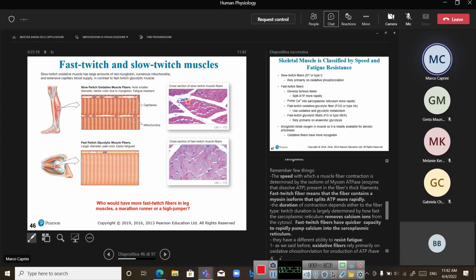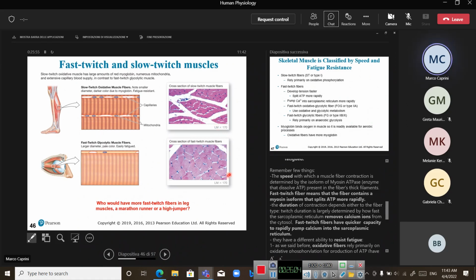Okay, this is really important because the myosin, again, is called myosin ATPase, so the myosin splits the ATP, and from the hydrolysis of the ATP, the energy that the muscle gets produces the contraction. So remember, the speed with which a muscle fiber contracts depends on the isoform of the myosin ATPases.